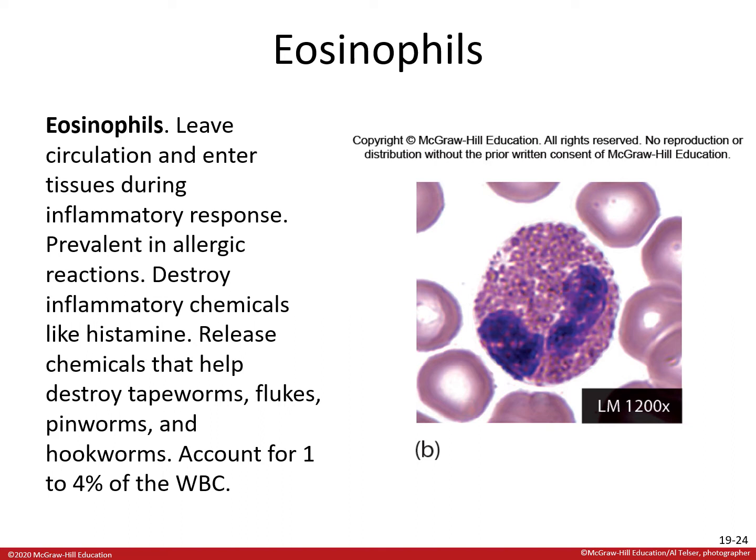Their purpose is to enter circulation, leave circulation and enter your tissues during inflammatory responses. They are going to be pretty prevalent in allergic reactions. Their purpose is to destroy inflammatory chemicals like histamines, as well as release chemicals that help destroy tapeworms, flukes, pinworms, and hookworms.